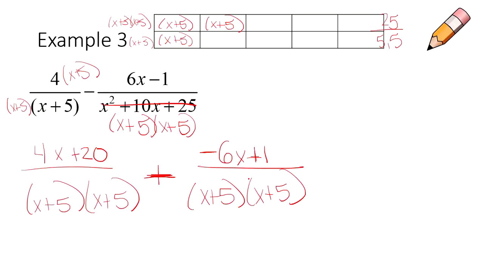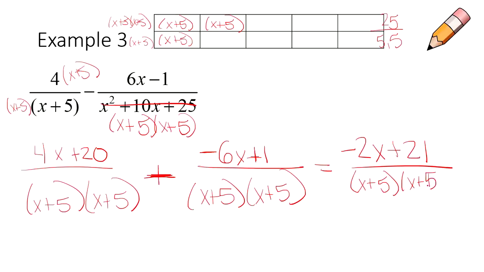I recommend doing that just because otherwise I find kids forget that they're subtracting, they add instead. So I got 4x plus a negative 6x, so that would be negative 2x, and then 20 plus 1 is 21, and then I have x plus 5 on the bottom for my final answer.